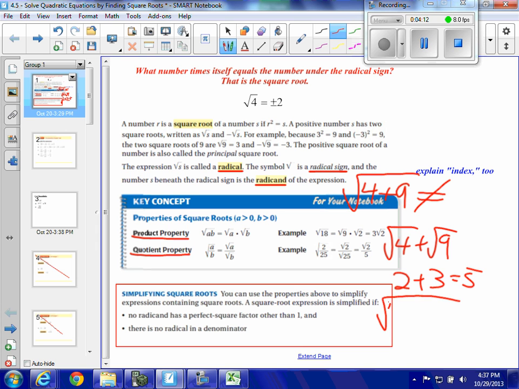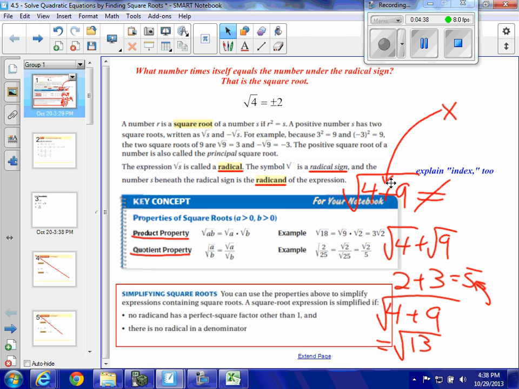But radical 4 plus 9 is equal to radical 13, which is certainly not 5. The square root of 13 is not 5, because 5 times itself is 25, not 13. So be careful when you're doing the product property. It is called the product property because this is a product. It's a multiplication sign, not an addition sign.